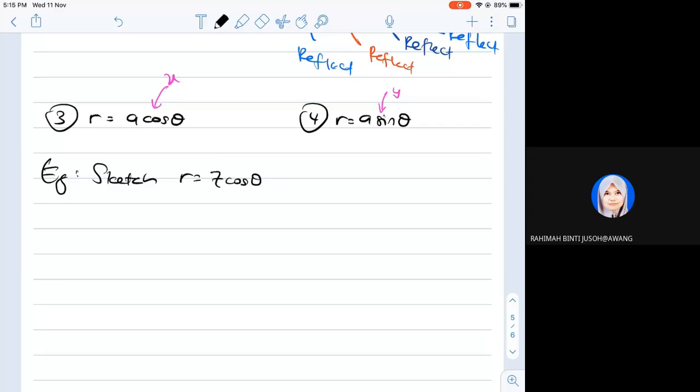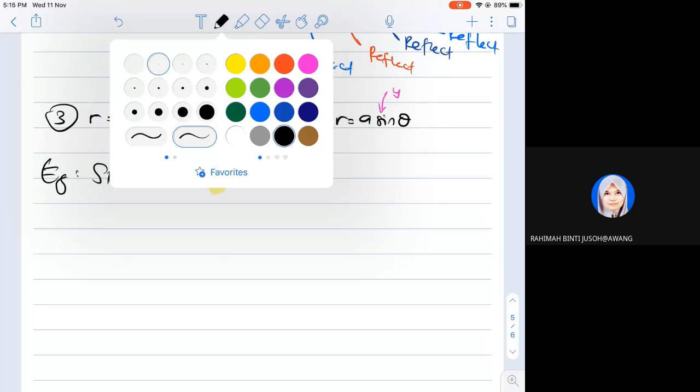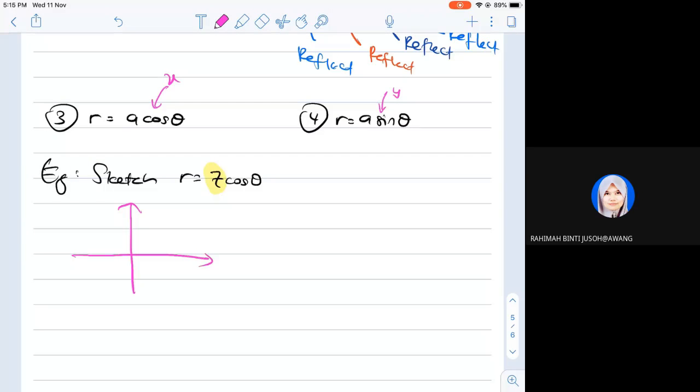However, dia cos. Cos means x-axis. So bila x-axis, you tengok nilai ni positif, dia akan sebelah kanan, on the right. So it should be located here, on the right, x-axis. The circle is somewhere here. This is the point of 7.